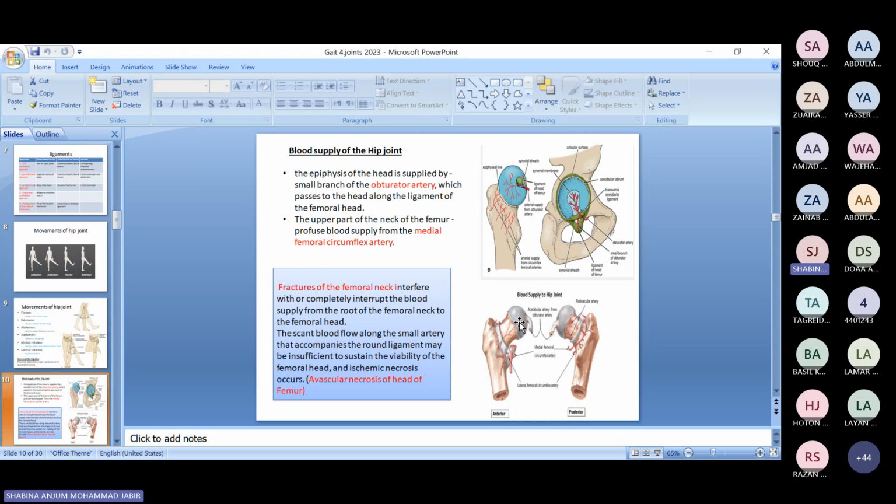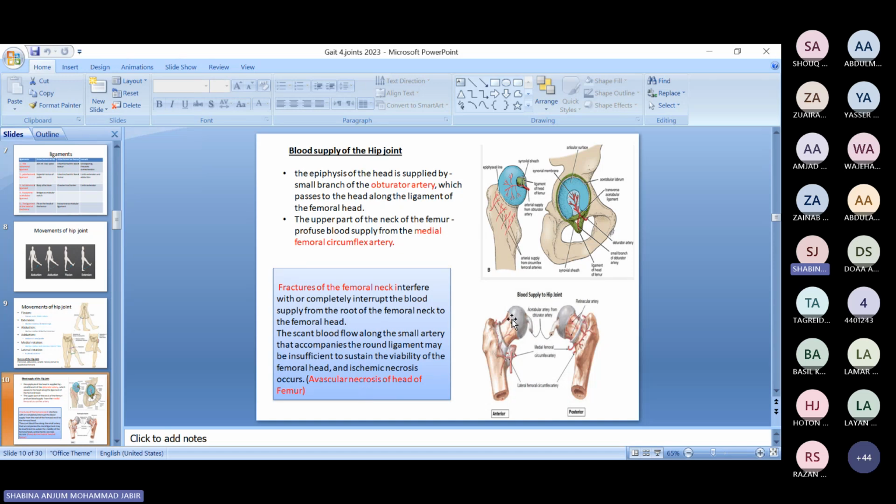So you can imagine if there is a fracture of the neck, what will happen? The head will not have sufficient blood supply. In that condition, it will lead to ischemic necrosis of the head of the femur. Why am I telling you?